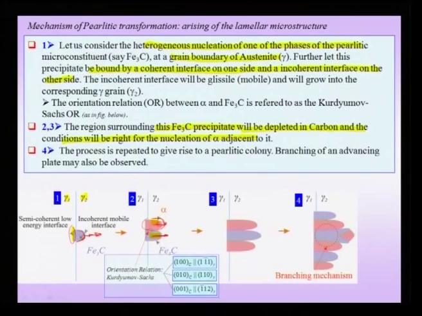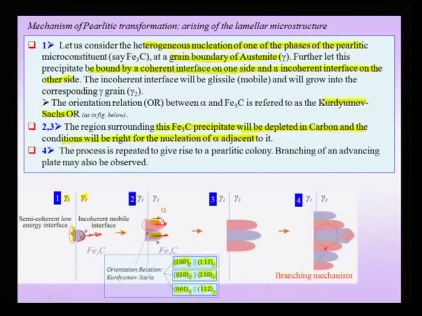This alpha and Fe3C have some kind of fixed crystallographic orientation relationship, and this is typically referred to by the name of the Kurdjumov-Sachs relationship. The Kurdjumov-Sachs relationship is defined as the 100 plane in cementite being parallel to the 111 type plane in gamma, the 010 of cementite parallel to 110 of gamma, and the 001 of cementite parallel to 1/2 of gamma.